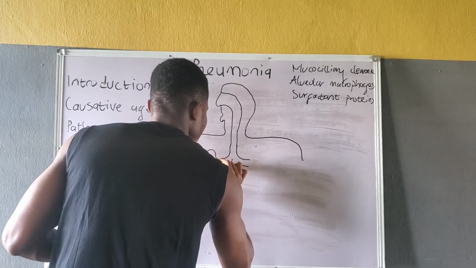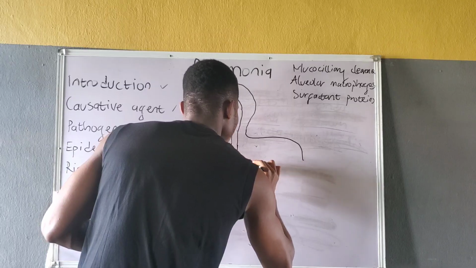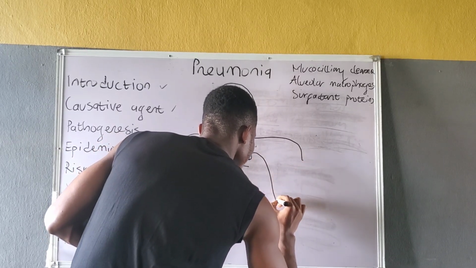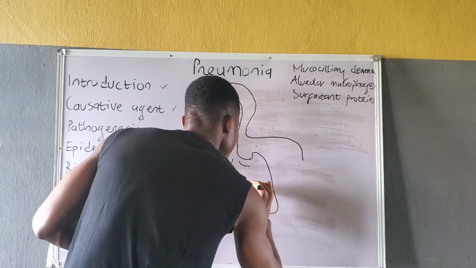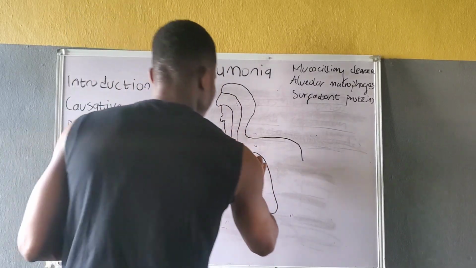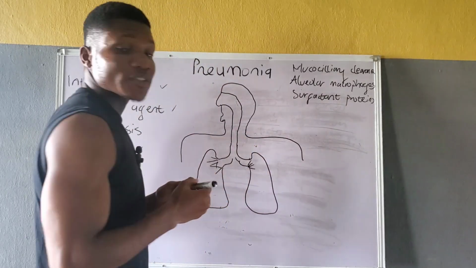These are your bronchioles and bronchi. Well, this is a rough sketch of the respiratory tract.